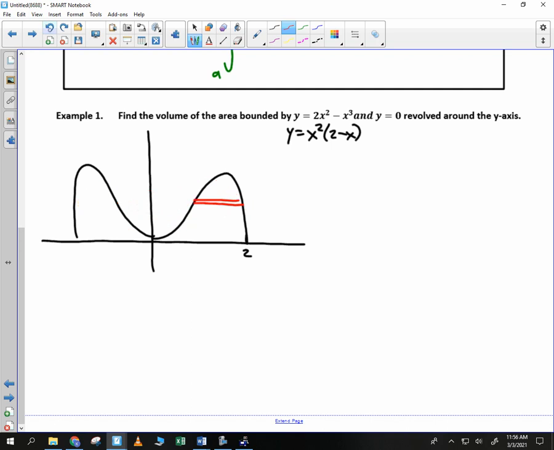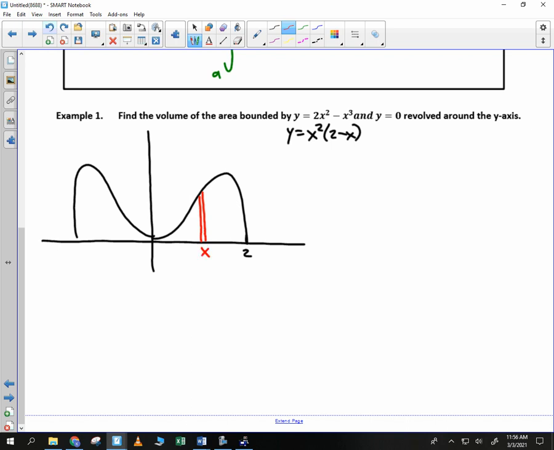I don't want to use a washer. I'm going to use instead a cylindrical shell. We're just going to draw a rectangle there. For this purpose, I'm going to put x here.